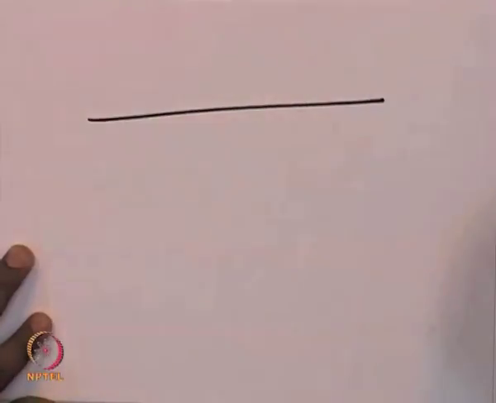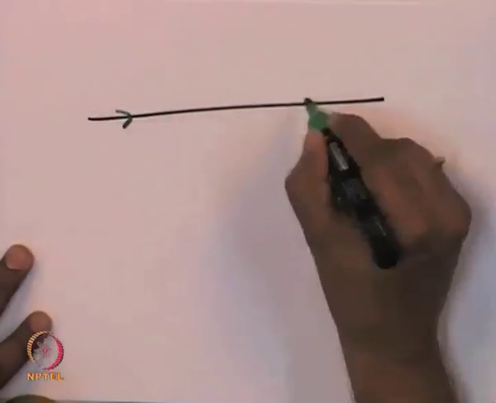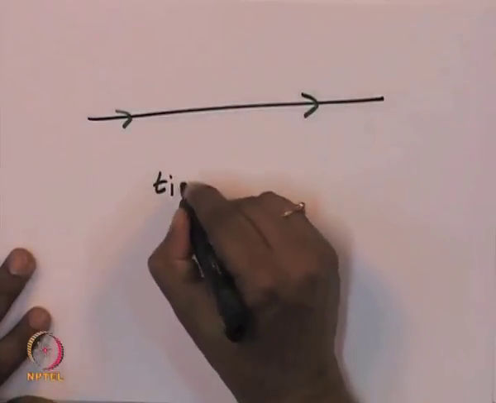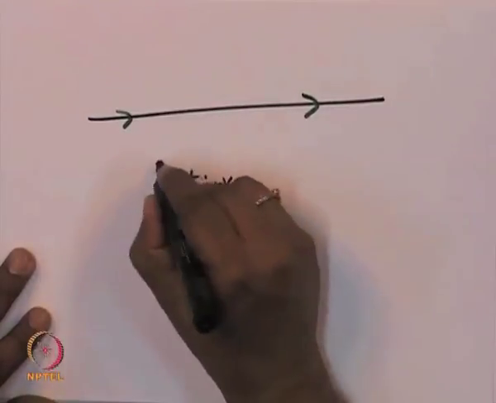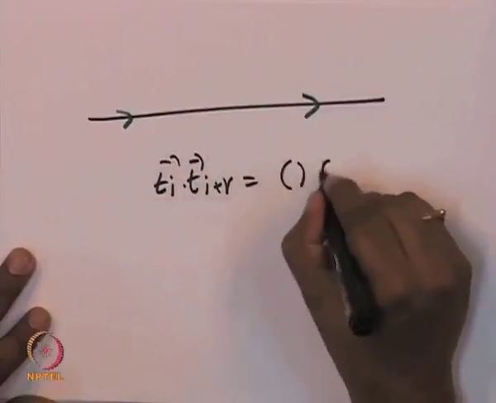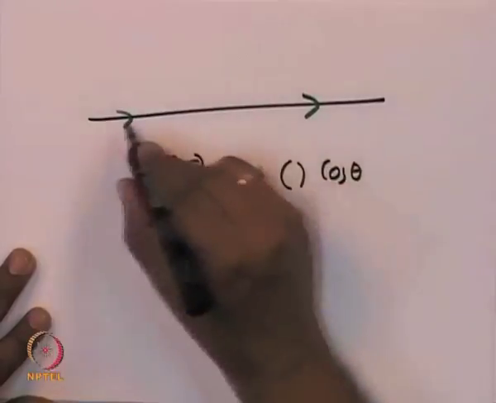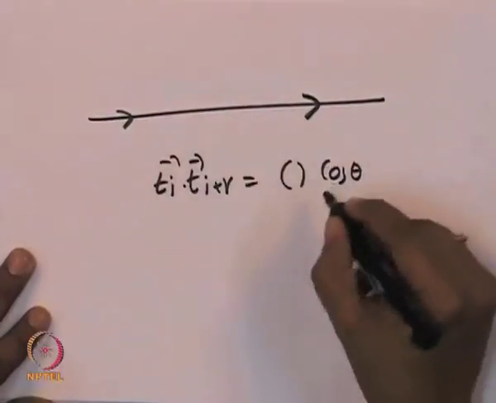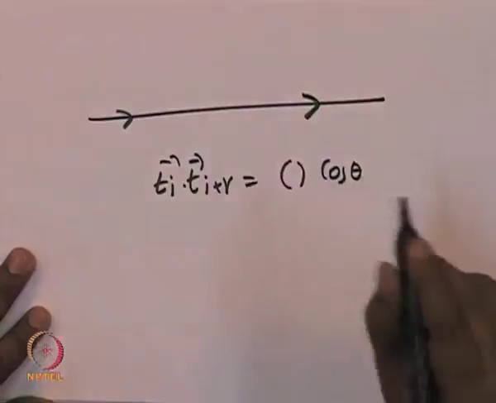If the filament was always straight, any two tangents will be in the same direction. So, T_i dot T_(i+r) will be some constant times cos theta, and the angle between them is 0, so cos theta will be 1.